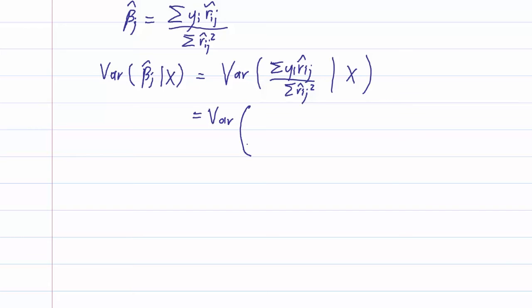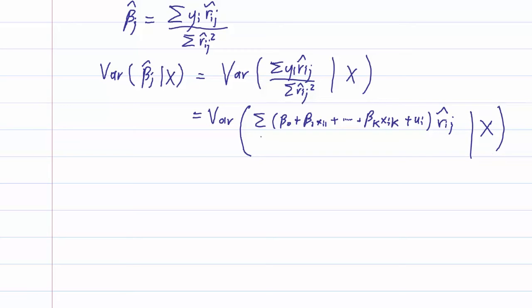So we will have something that looks like beta 0 plus beta 1 x1 plus etc. plus beta k xik, and then plus a residual ui, times the residual of the first regression rij hat, and conditional on x, over the sum of the residual rij hat squared.